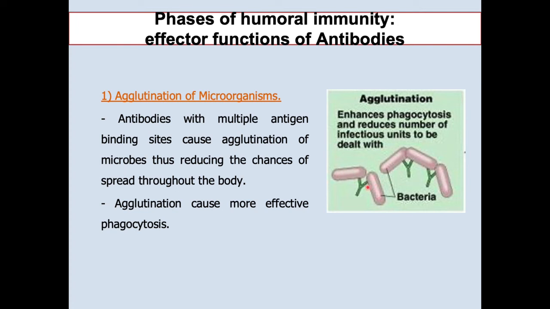So the antibody will capture the bacteria, and the bacteria being captured become agglutinated. So it becomes bigger, so that it is easy for the macrophage to recognize and kill the bacteria by phagocytosis. Okay.